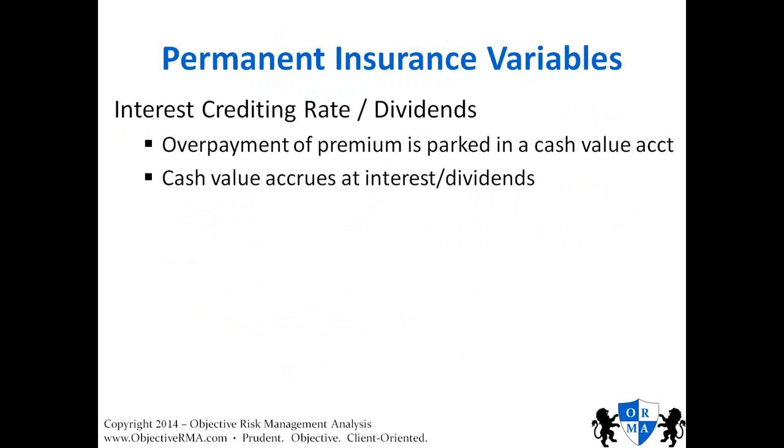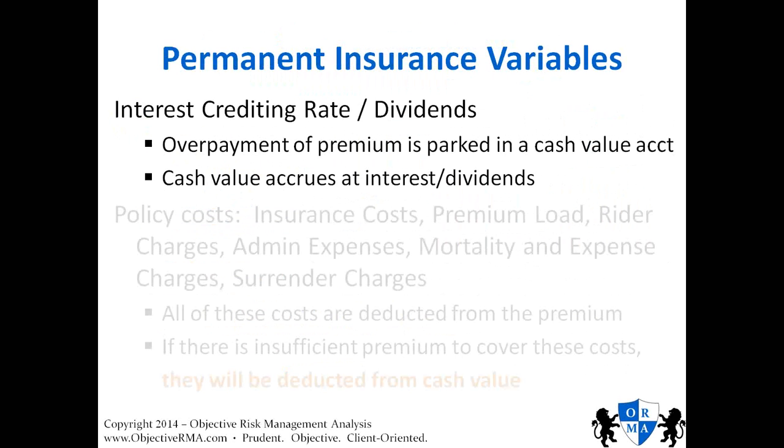So what are some of those variables? On the positive side, you have an interest crediting rate or dividends, and essentially when you overpay a premium in a permanent insurance contract, the overpayment is parked in a cash value account which accrues at interest. And depending on what the interest and the dividends are paying, they subtract out the costs, and the net difference either gets added or subtracted to that cash value.